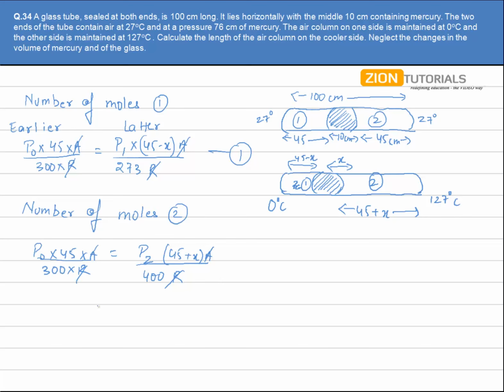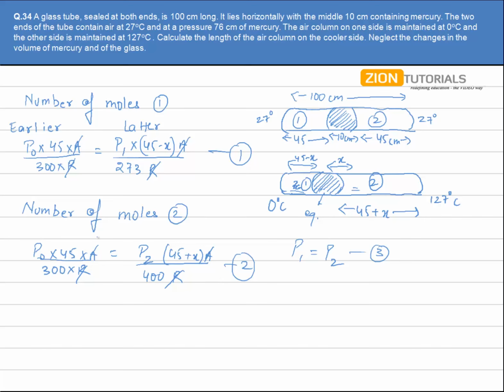Now we also know that because mercury is over here, it has shifted to an equilibrium position. If this is equilibrium, that means the pressure in this compartment should be equal to the pressure in this compartment. That means P1 should be equal to P2. So we can divide the first equation by the second equation and use the third equation in that, right?